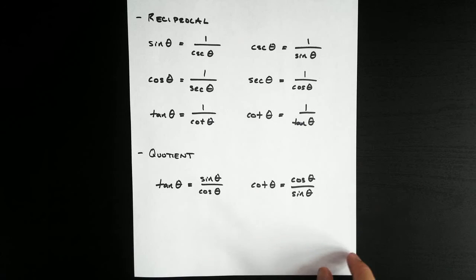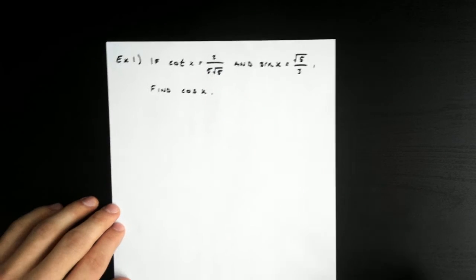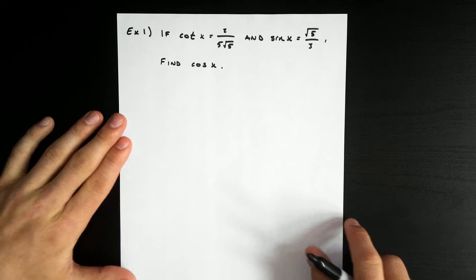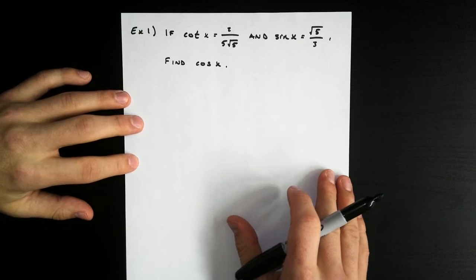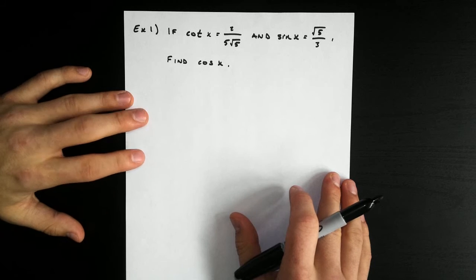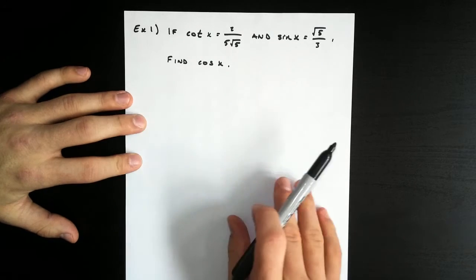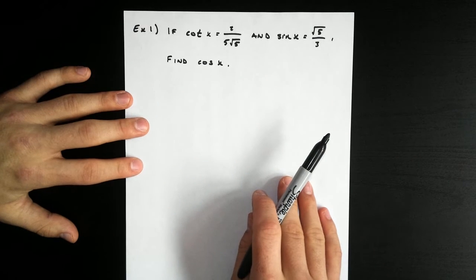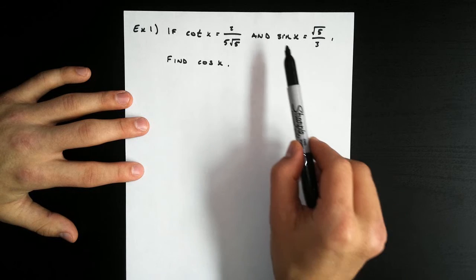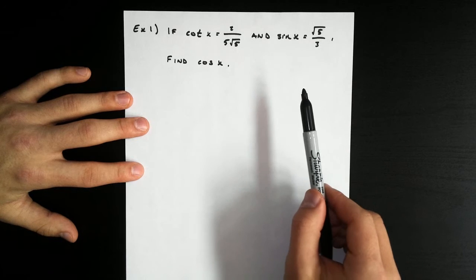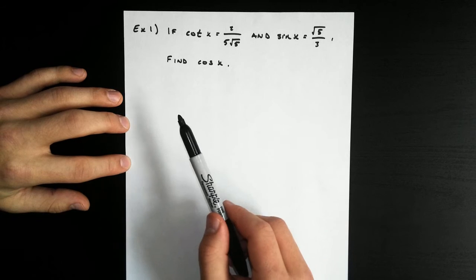So now let's use these just in a simple example here. Now we do have other ways that we can approach this, but I want to use the identities just to show you their usefulness. So it says if the cotangent of x is equal to 2 over 5 times the square root of 5, and the sine of x is equal to the square root of 5 over 3, we want to use that to find the cosine of x.